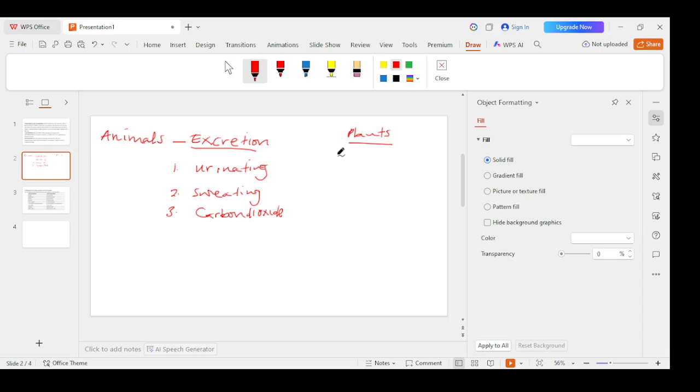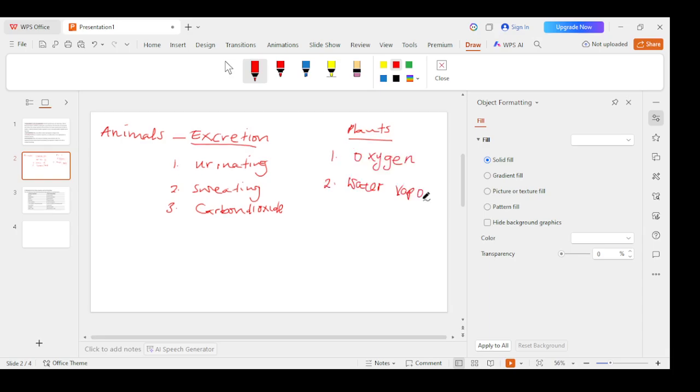These are examples of unwanted products in plants, and those are examples of unwanted products in the body in animals. We have water vapor through the process called transpiration. Then release of oxygen, through the process called photosynthesis. This one is transpiration, this one is photosynthesis.